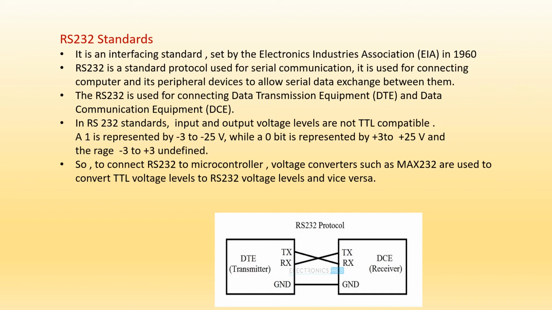The RS-232 cable is used to connect any DTE to a DCE. The transmitter is called the DTE, data transmission equipment, and the receiver is called the DCE, data communication equipment. The DTE can be from any manufacturer and the DCE can be from any manufacturer.